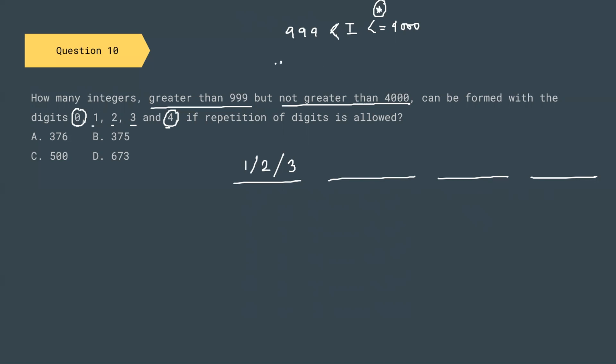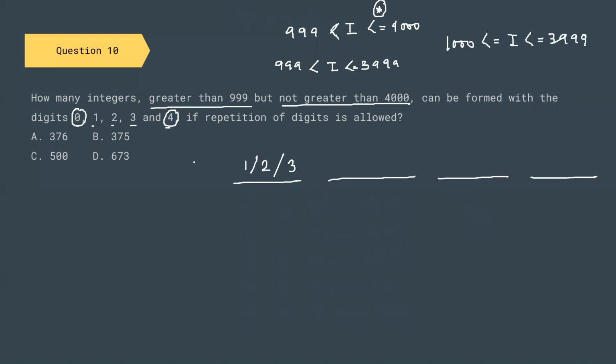Let us just concentrate on 999 less than I less than or equal to 3999, that is, 1000 less than or equal to I less than or equal to 3999.